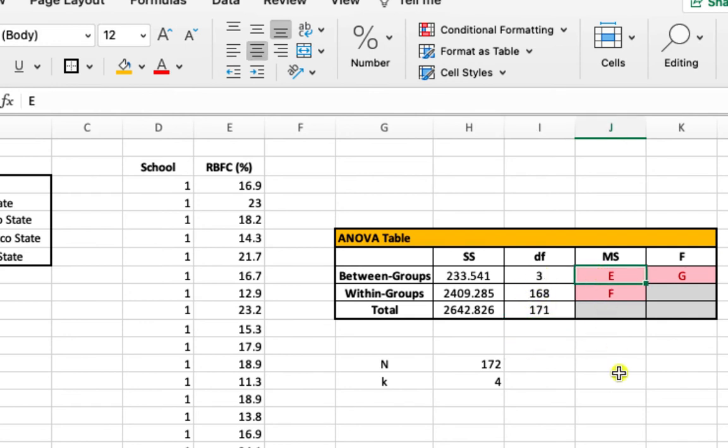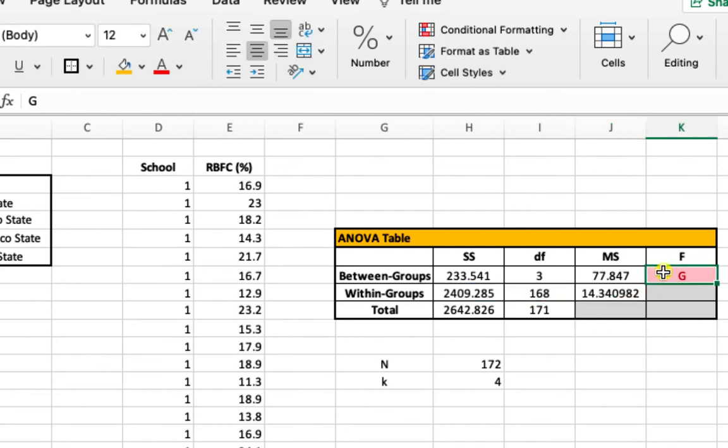The mean square is going to be the sum of squares divided by the degrees of freedom in each respective row. So we can simply do equals between group sum of squares divided by our between groups degrees of freedom. And similarly for our within groups, we can do our sum of squares divided by our within group degrees of freedom.